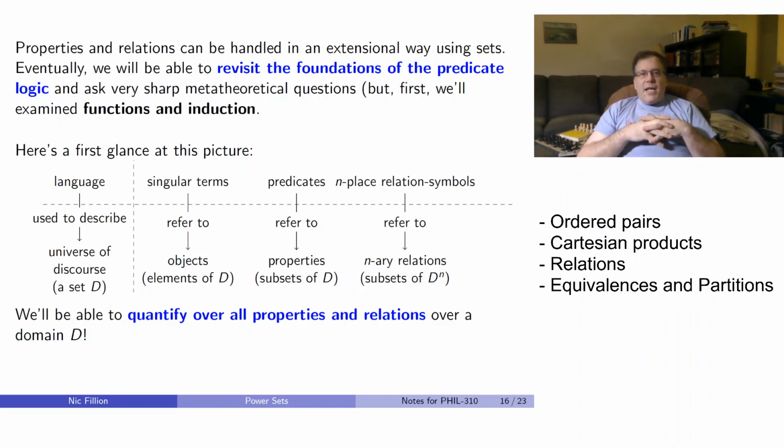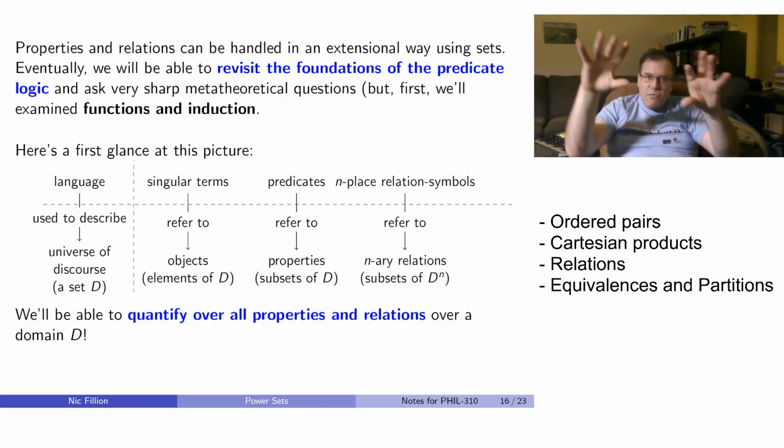Now, when we have that, that's going to allow us to strengthen the foundations of logic, because we're now going to be able to quantify over all properties and relations. Right? So when we were looking at questions of validity and invalidity in predicate logic, sometimes I would ask you questions of the sort, can you find an interpretation of that relation symbol such that this sentence is true and that one is false?